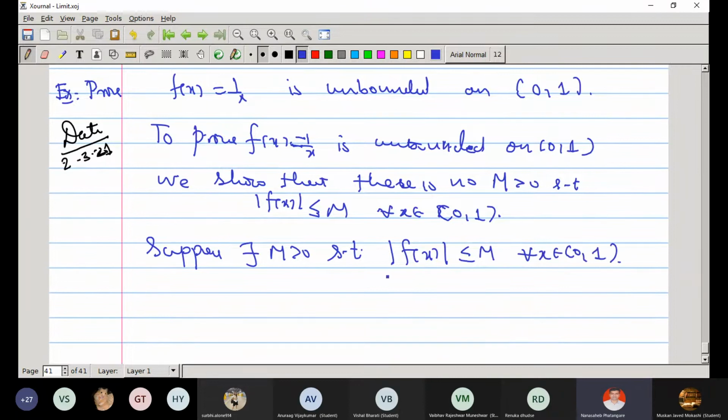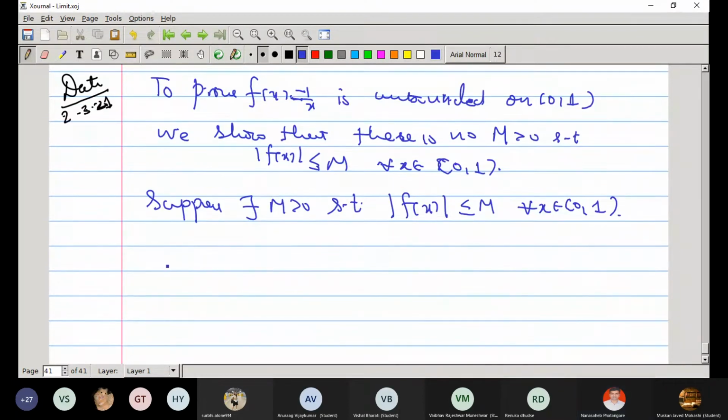Suppose there is such an m, then what happens? There is an m which bounds the function.